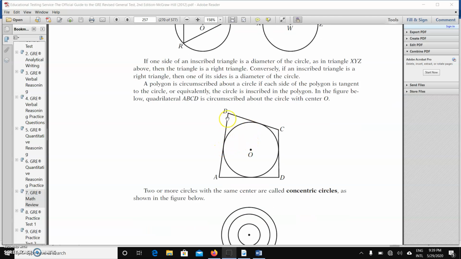This one forms 4 tangents, because see, 1, 2, 3, 4. If we trace the radius from here to this place, it's going to be perpendicular. Another one from here to here, perpendicular. Another one to this place, perpendicular. Another one to this place. So this shape is forming 4 tangents.